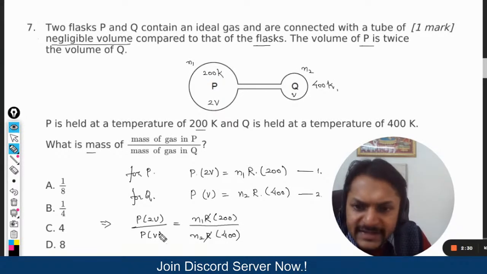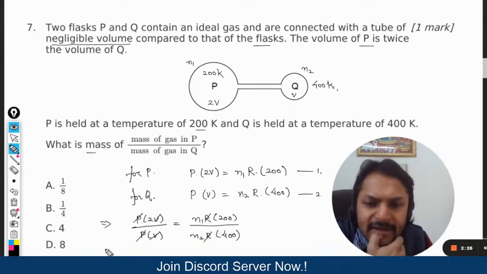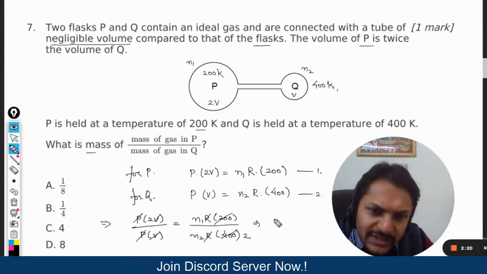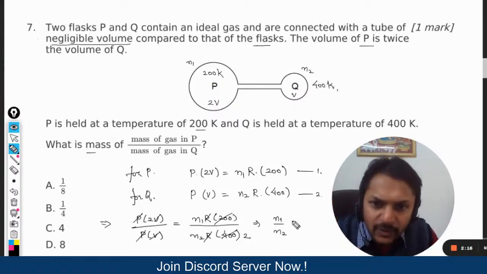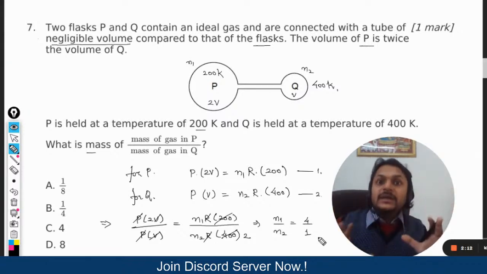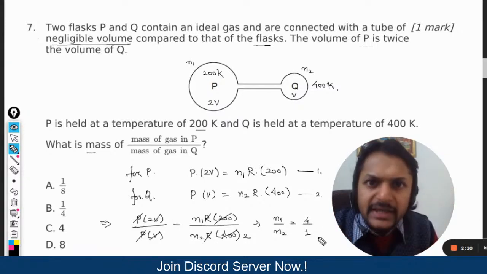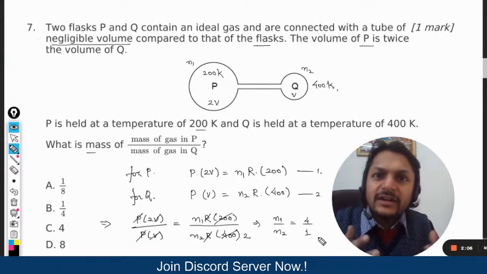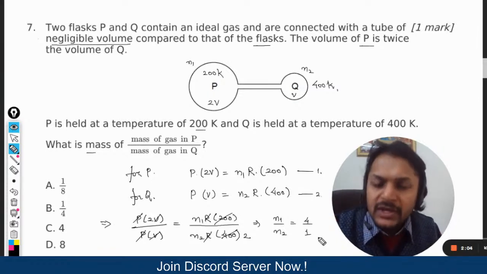So R and R get cancelled out, V and V get cancelled out, P and P get cancelled out, and we can cancel 200 with this. It will be 2 here, so 2 will be cross multiplied. So this is what we have now. N1 divided by N2 is coming out to be 4 divided by 1. It means that the chamber P is containing 4 times the moles which are contained in the chamber Q.